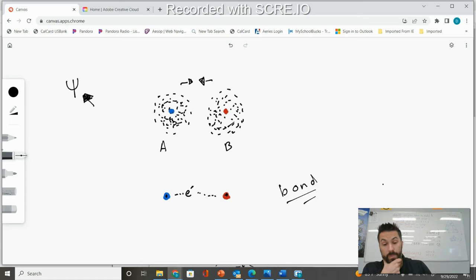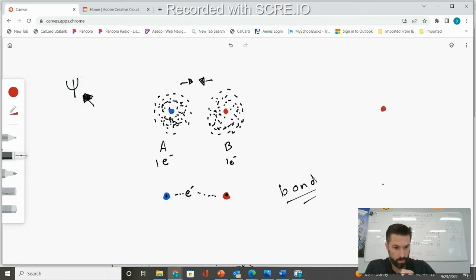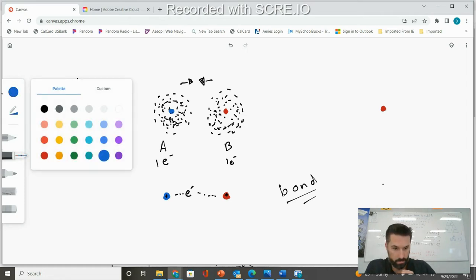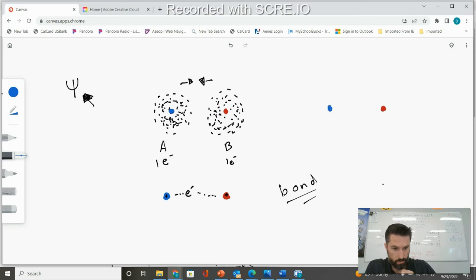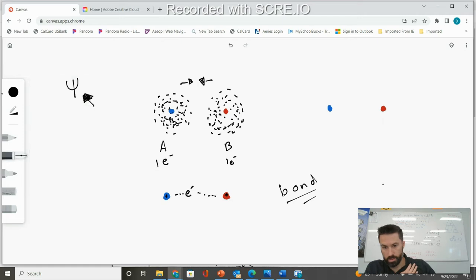Now, A and B both have electrons, and we're only going to be dealing with one electron in A and one electron in B. As they get closer and closer together, both of those electrons start to be attracted. So let's draw my nuclei over here, one there, one there.